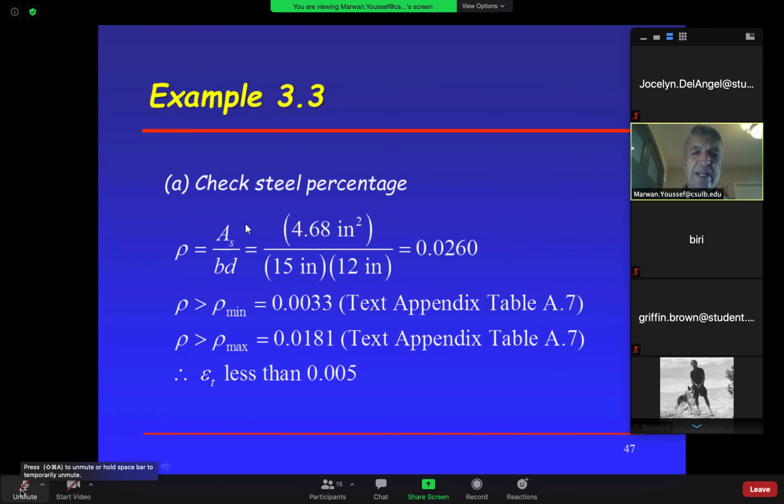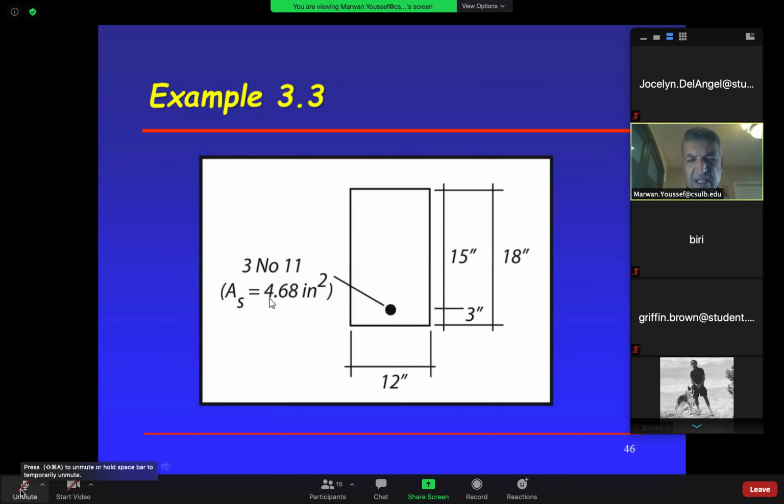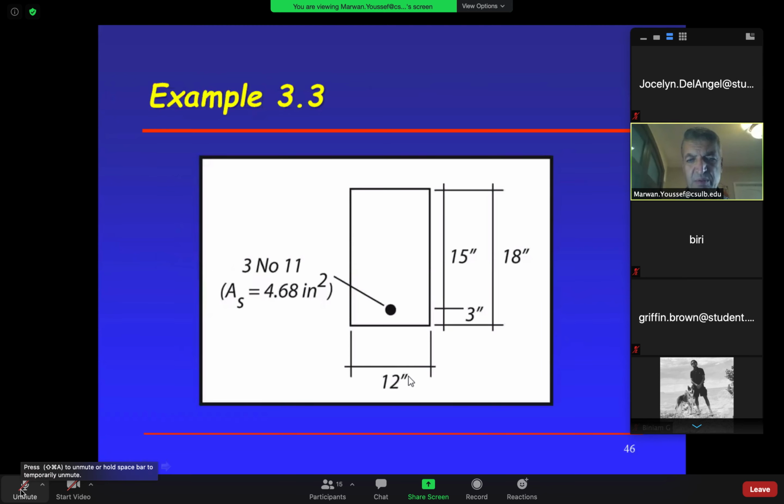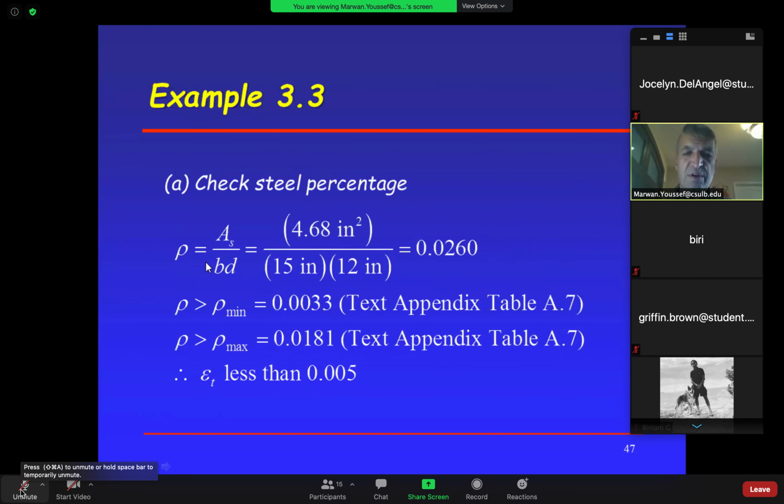So there you go, rho equal AS over BD. AS is 4.68 from here, and then B is 12 and D is 15 from here. So we know that our actual rho is 0.026. So in plain English, this is like 2.6%, right?